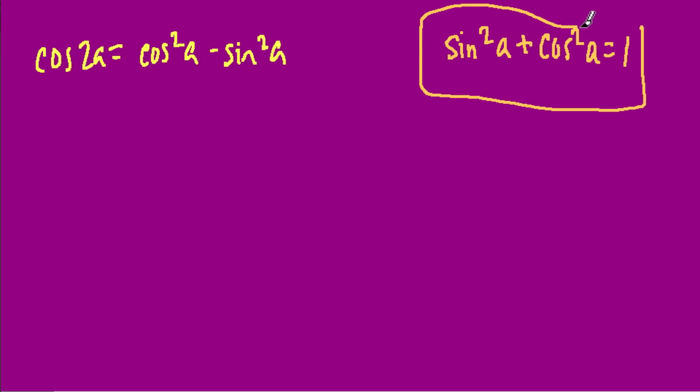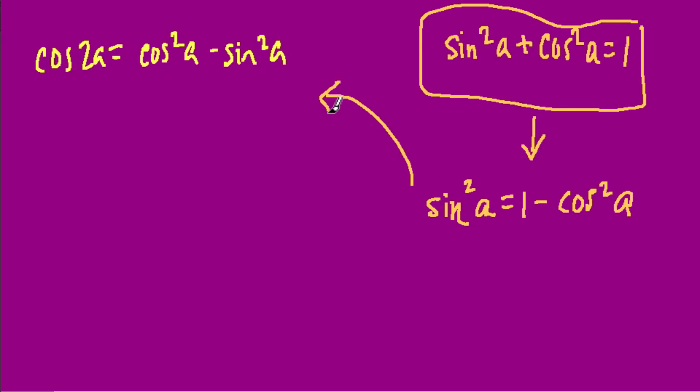Right, so that's kind of in the background, because what we can do is say, well, what happens if we solve in terms of cosine? So we subtract cosine squared from both sides. Sine squared of A will equal 1 minus the cosine squared of A. And then we can take that and plug it back into this formula right here.